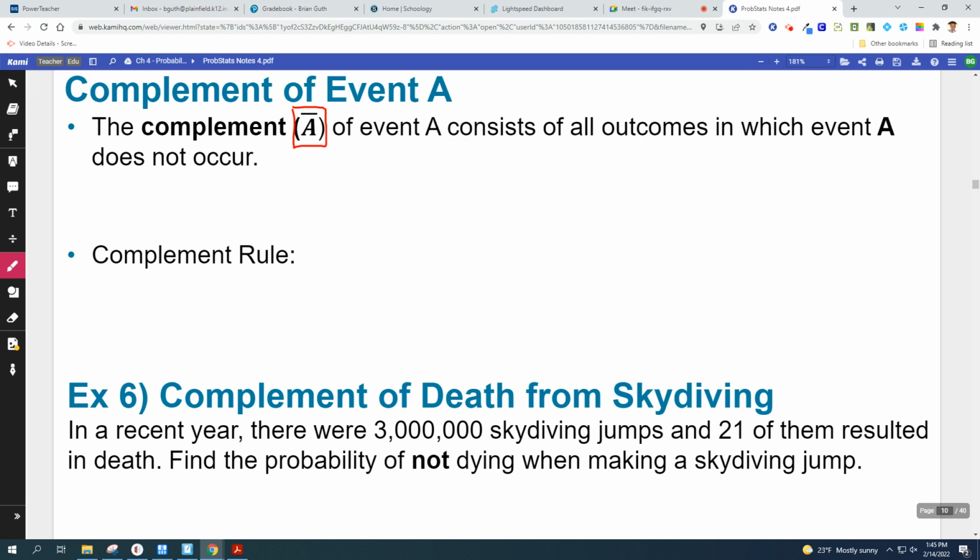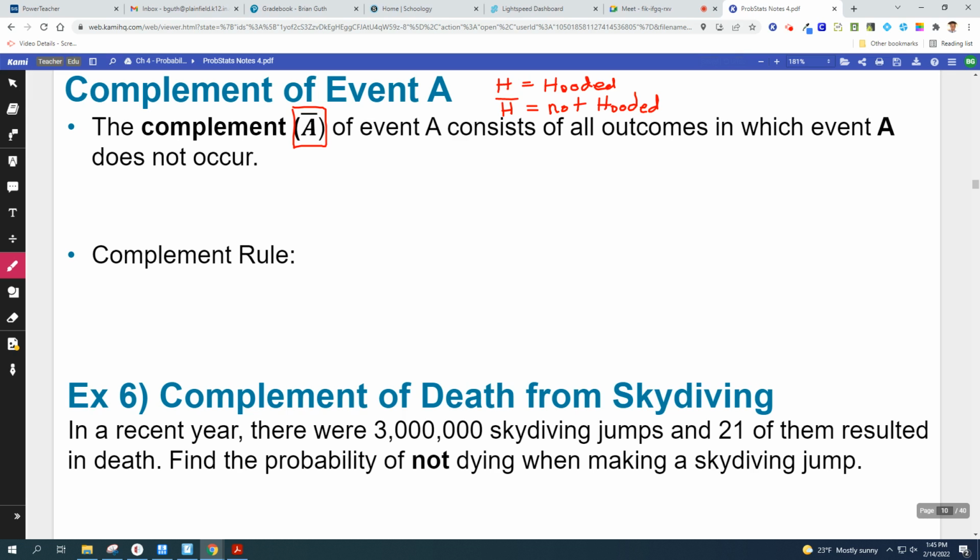Raise your hand if you're a member of event H. So if H is hooded sweatshirt, then H complement would be not hooded sweatshirt. So raise your hand if you're in the complement of that event, not wearing a hooded sweatshirt.